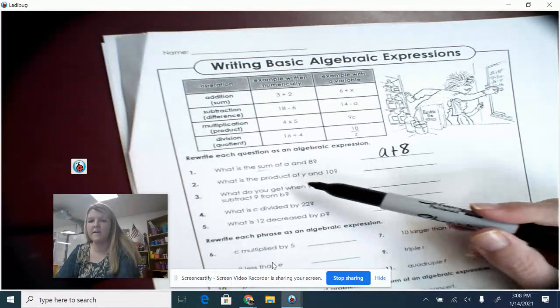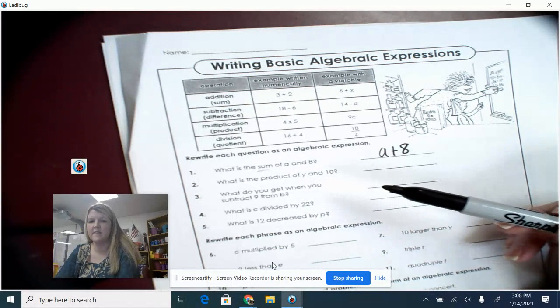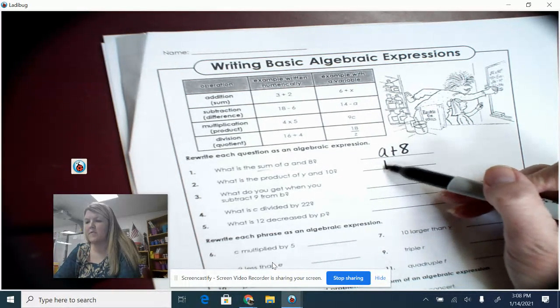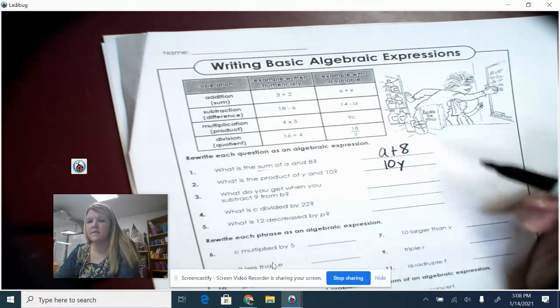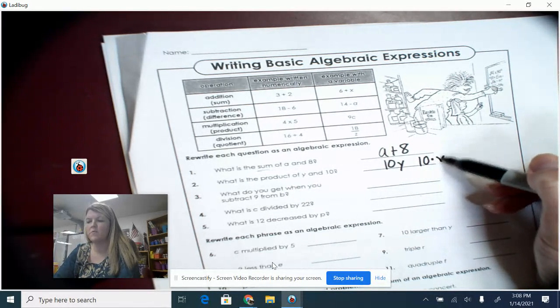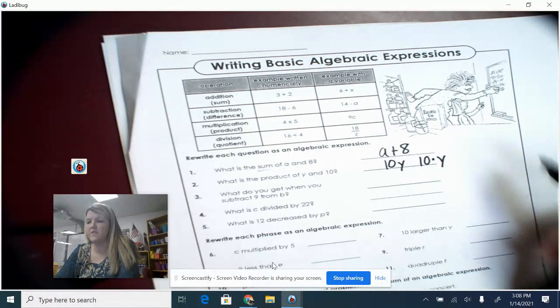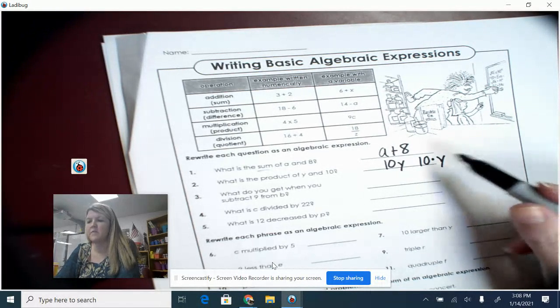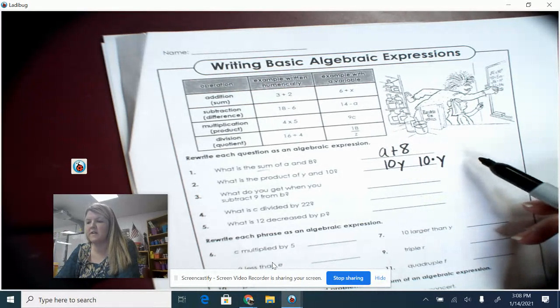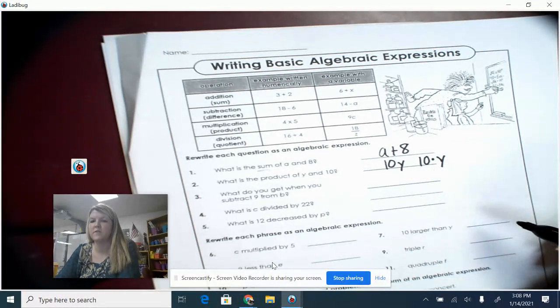What is the product of y and 10? So product means to multiply. So we can write this as 10y. You could have also written it as 10 dot y, like this. We can use the dot. And when we're doing algebraic expressions, we don't usually use the x because that could get confused with one of the variables.